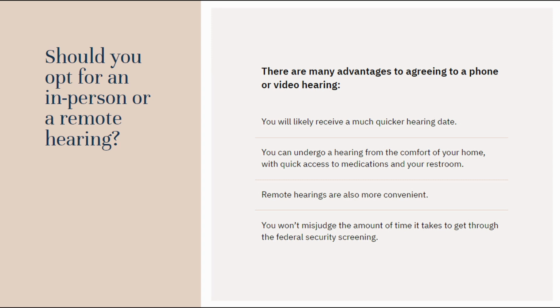Before SSA began offering remote hearing options, disability claimants were required to attend their hearings in person. Most OHO offices, like in San Francisco, San Jose, Oakland, are located in federal buildings in the downtown core of major cities.